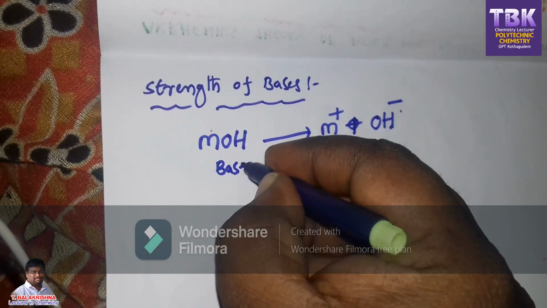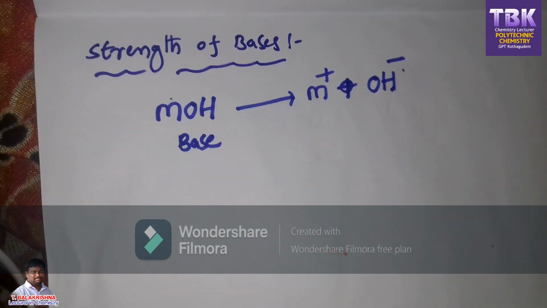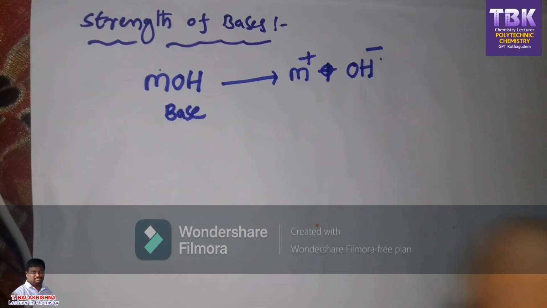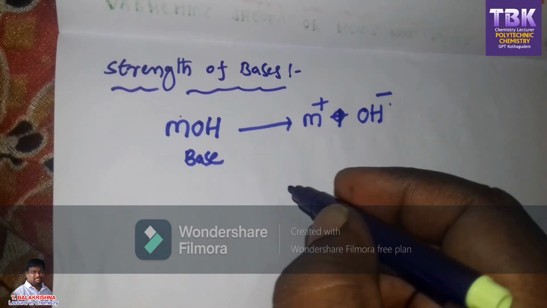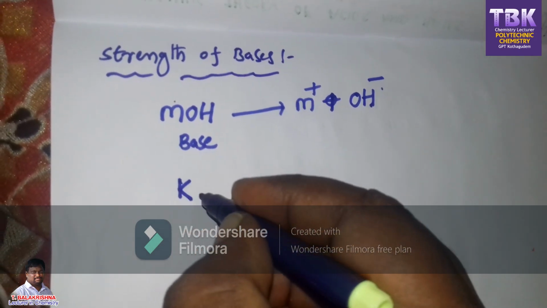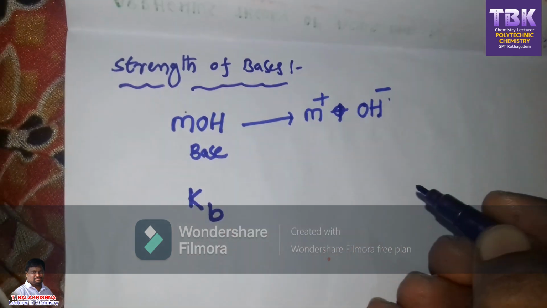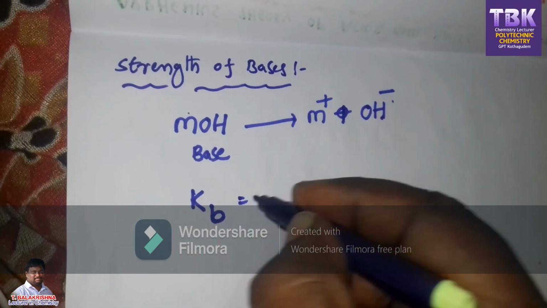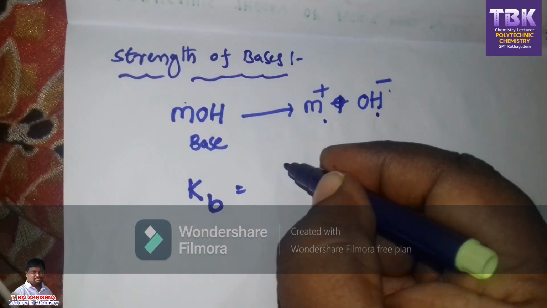So whether it is a strong base or a strong acid depends upon the rate of ionization. If it is completely ionized, that is a strong acid. There is a formula to calculate the strength of a base. This K is the dissociation constant of a base, Kb, which is equal to the concentration of products by the concentration of reactants.